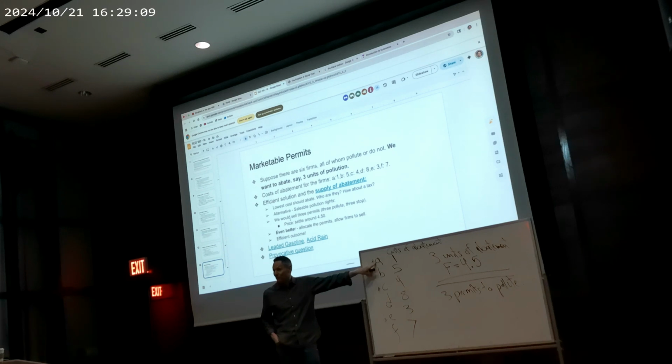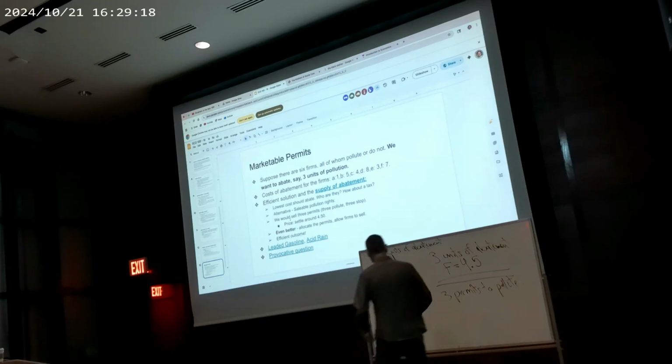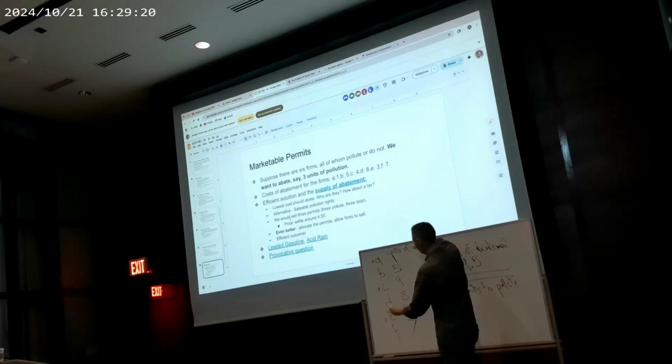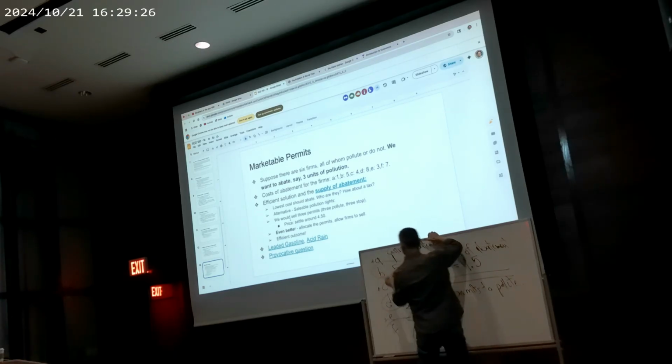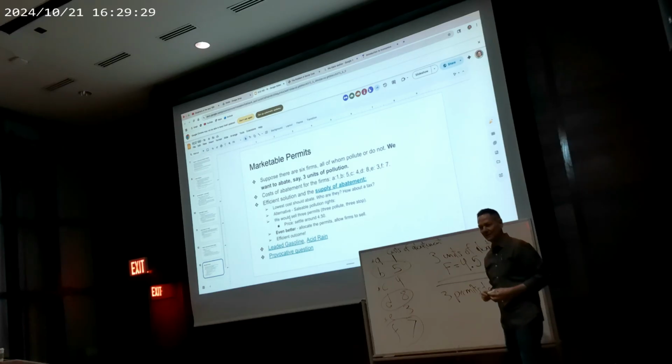Firm A, by contrast, won't pay that much, right? They don't really need a permit. They'll just say, well, if it's anything more than $1, we won't buy it. So you might be able to convince yourself that our best bidders for these pollution permits, well, D, F, and B are the firms that will buy the permits.